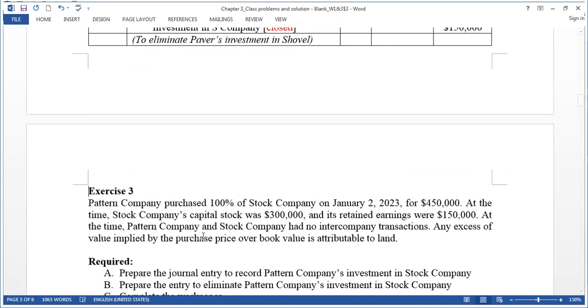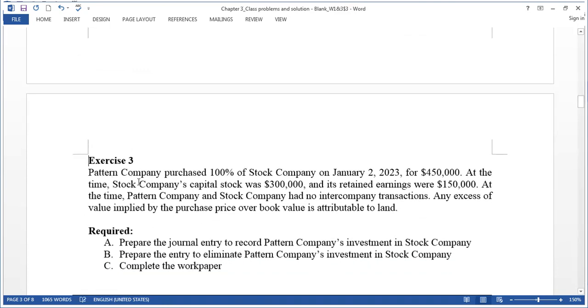So see exercise 3. The parent company purchased 100% of the stock. Again, 100%, we don't have any non-controlling interest. On January 2nd, 2023 for $450,000. Okay, so we have to calculate implied value. The implied value here is also 450 because we acquire 100%, right?